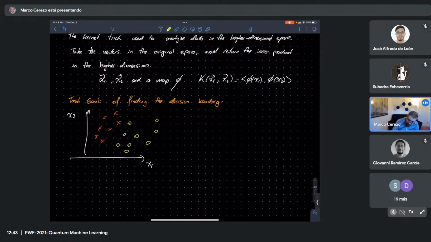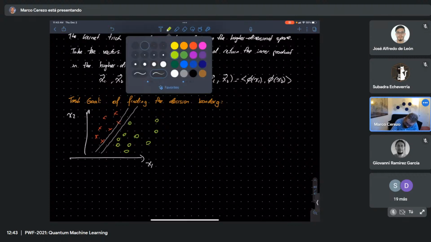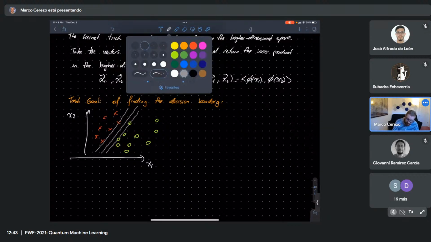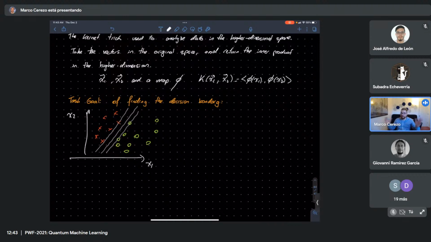So what we need to do is find the plane that separates the data, right? And that plane is going to have some minimal distance to points that belong to each class. Let's try to add one more here so that it's not that symmetric. And you're trying to fit a plane that is the farthest apart from the closest points from each class.